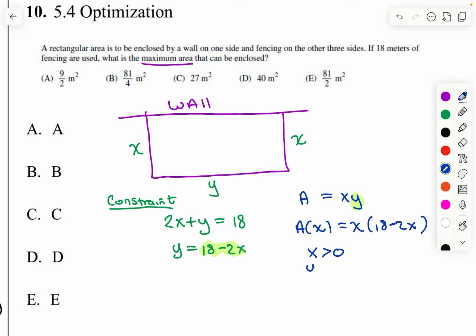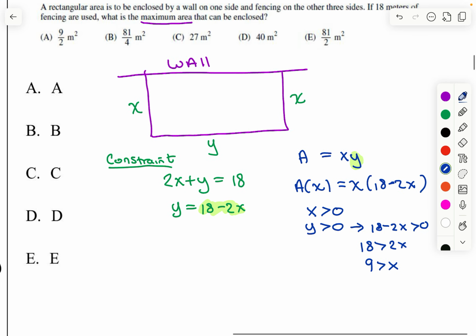And we want y to be a positive number as well, which means that 18 minus 2x has to be a positive number, which means 18 has to be bigger than 2x, or dividing by 2, x is less than 9. Right, and so putting these things together tells us that we're looking for our answer in this window. This would be the domain of our function.